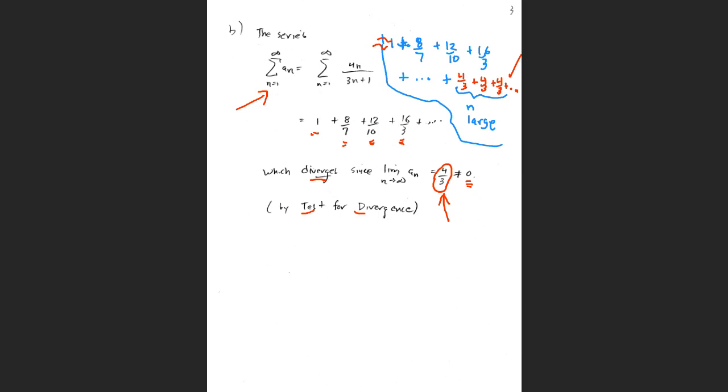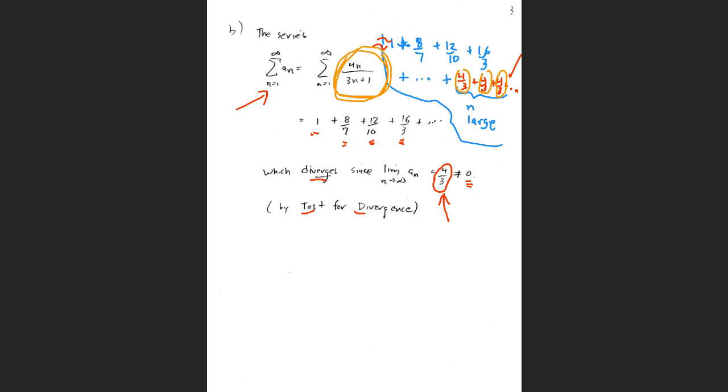Well, the terms of the sequence start acting like about 4/3. They're about all equal to 4/3. As you go further and further out into the series, the terms are all going to be close to 4/3 because the terms of the series are dictated by the formula 4n divided by 3n plus 1.